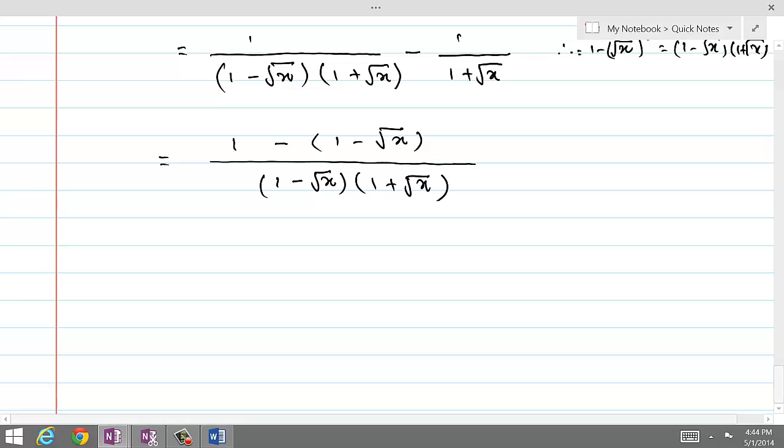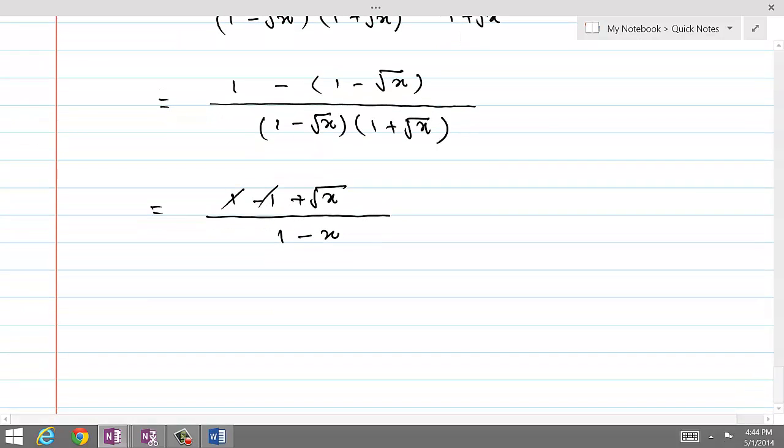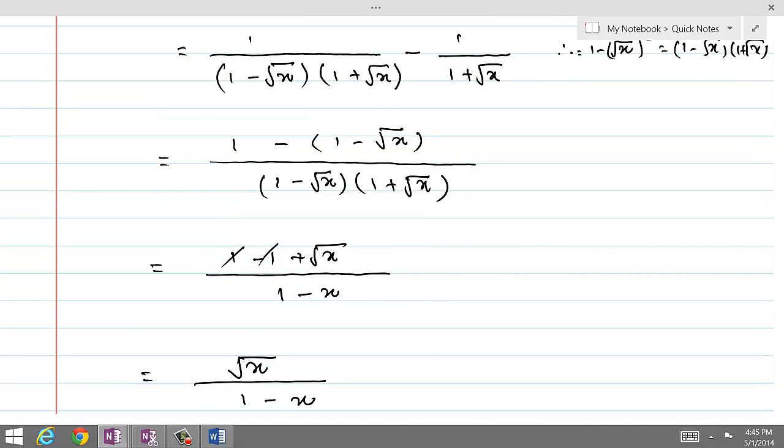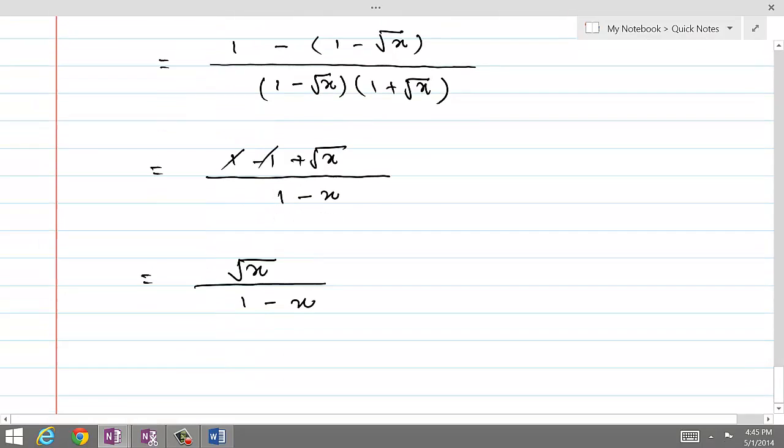So this will be equal to 1 minus 1 plus under root x over, again we multiply and we make it 1 minus x, because the purpose is already fulfilled. The reason why we factorized it, it's already done. So d is equal to under root x over 1 minus x. If you were to subtract the second term from the third term, we will still get the same answer.